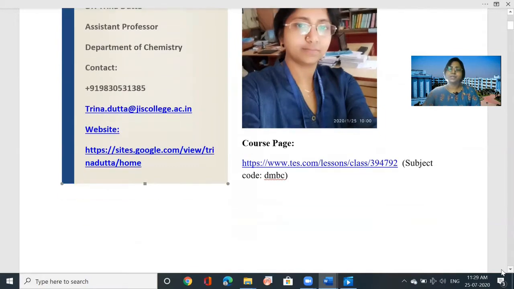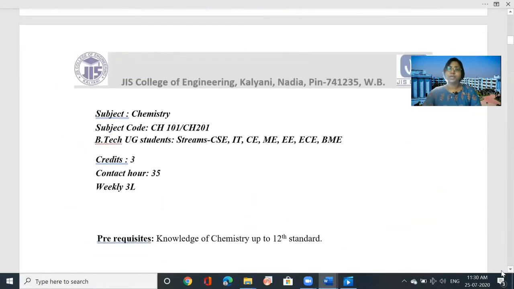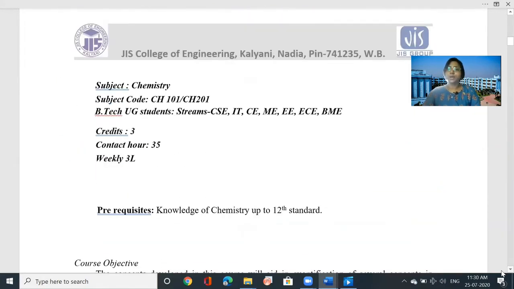So the course is Chemistry, and the subject code is CH101 for odd semester and CH201 for even semester. This course is for undergraduate BTech students.